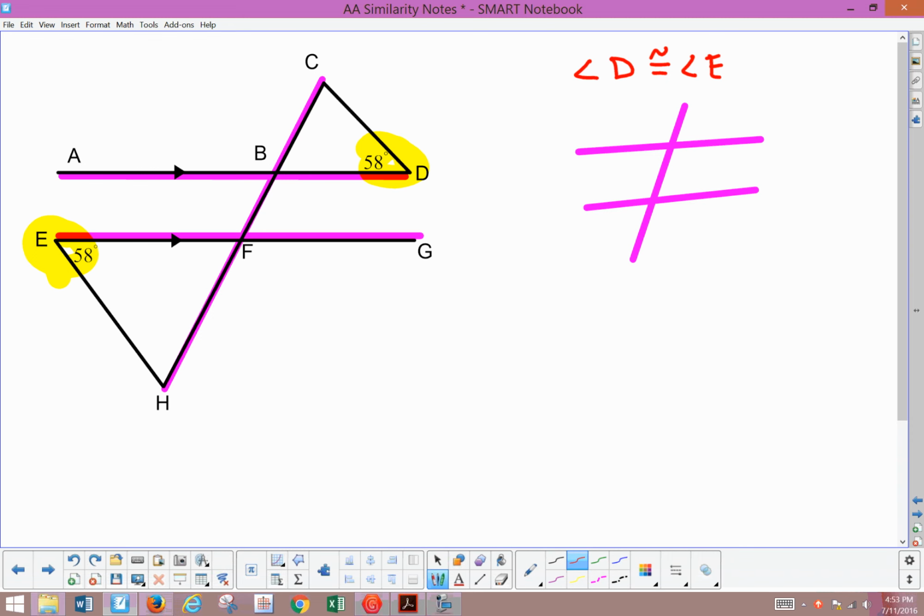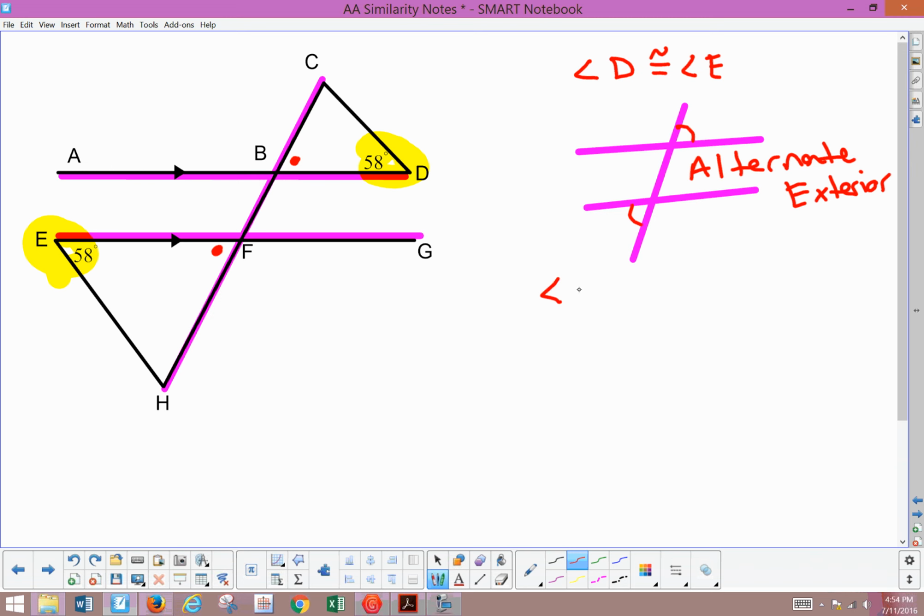So what kind of angles are those? Well, they're alternate exterior angles. Oh, that's right. And yesterday we learned alternate exterior angles are congruent.